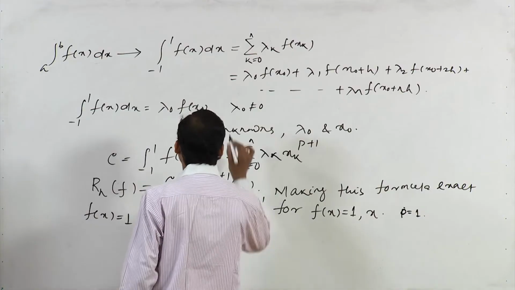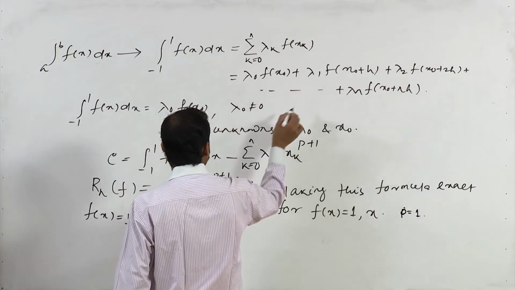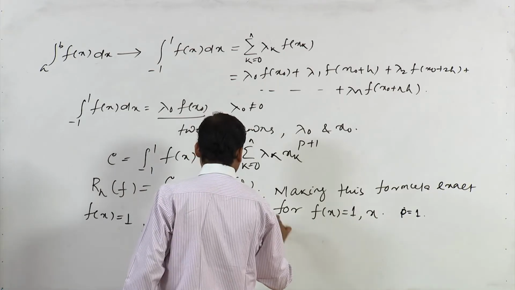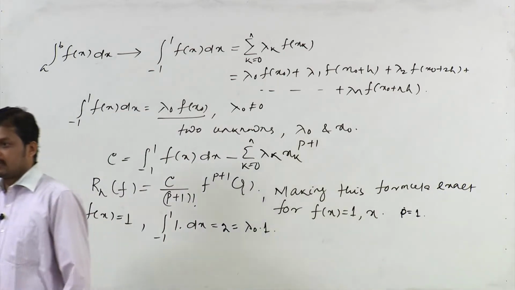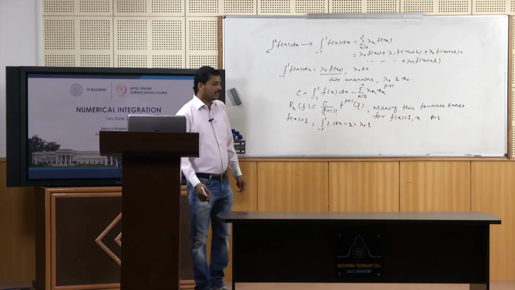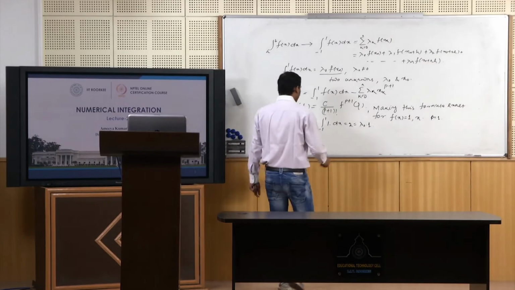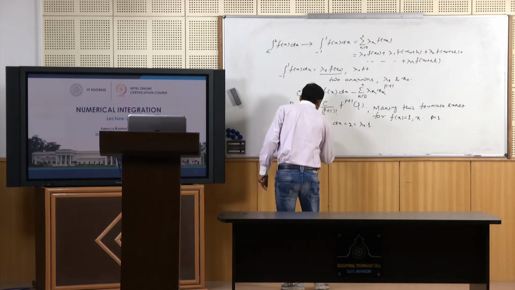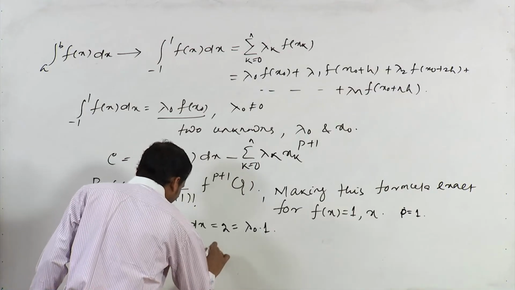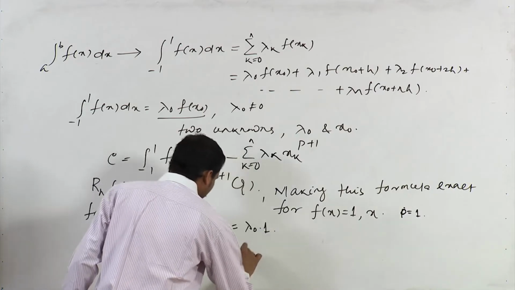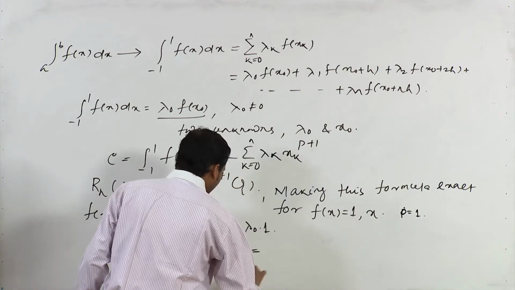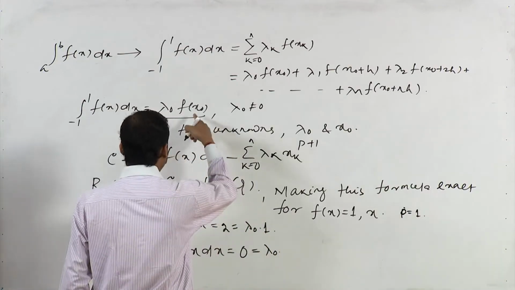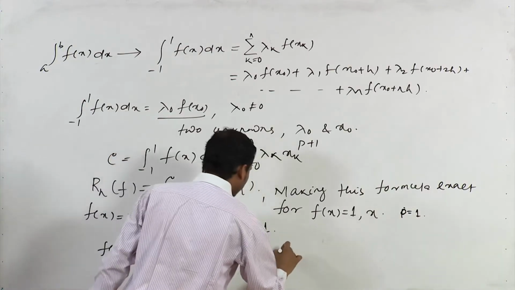This equals 2, which equals lambda 0 into 1. So lambda 0 can be taken as 2. For the second one, f of x equals x, the integral from minus 1 to 1 of x dx equals 0, and it can be written as lambda 0 into f of x 0, which is x 0.